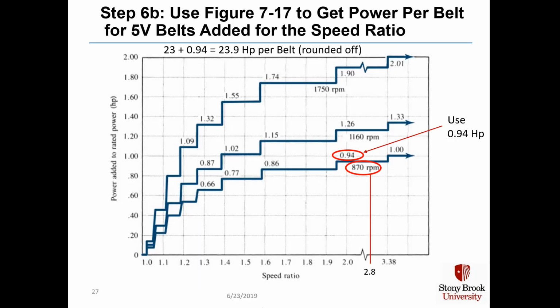We then used figure 7-17 to get the power per belt for 5V belts, which gets added for the speed ratio. Our speed ratio is 2.8 and our RPM is 870. We found that the power added to the rated power would be 0.94 horsepower.